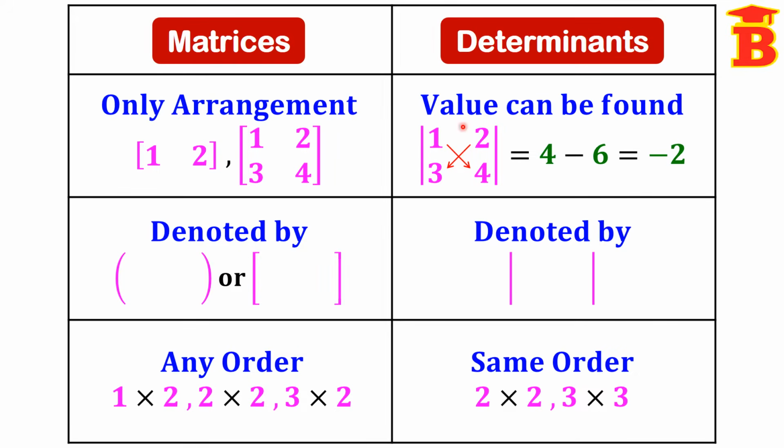So like this 1, 2, 3, 4. Here we have 2 rows and 2 columns. So this only we can take determinant. Similarly, if we have 3 rows and 3 columns, then we can take determinant. These 3 are the basic important differences between matrix and determinant.